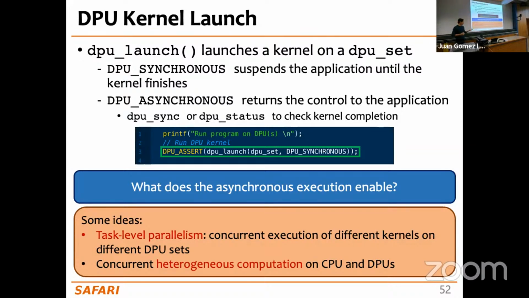But potentially these asynchronous kernel executions could be useful as well to perform data transfers and overlap computation with communication, which would definitely alleviate the remaining data movement bottleneck that we still have in this system because we have to move data from the main memory to the PIM-enabled memory. But yeah, go ahead.